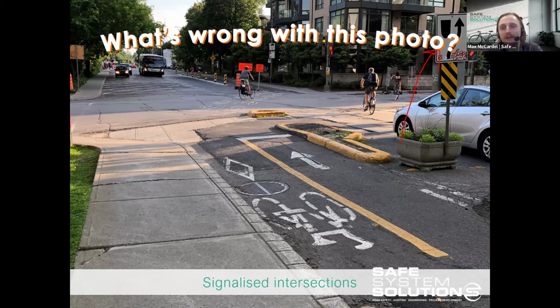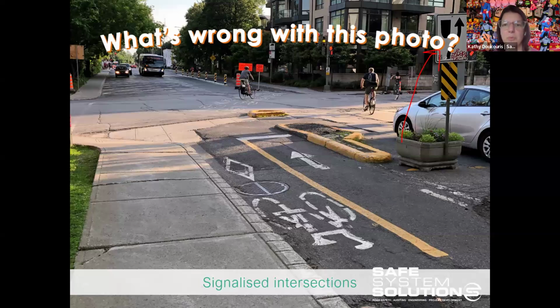Like that's a pretty common sign over in North America. We would probably use a hazard marker. So that's not what's wrong with this photo. It's well picked up. If that's all we've got, we'll give a prize. No, come on. I think people got something.